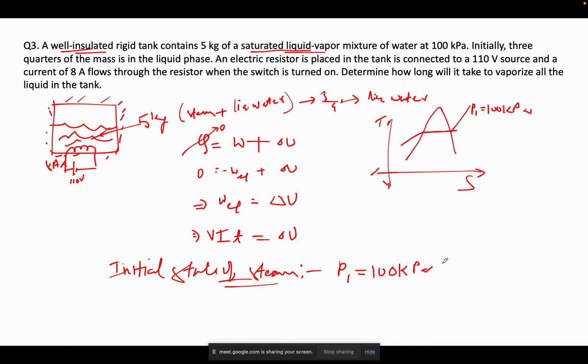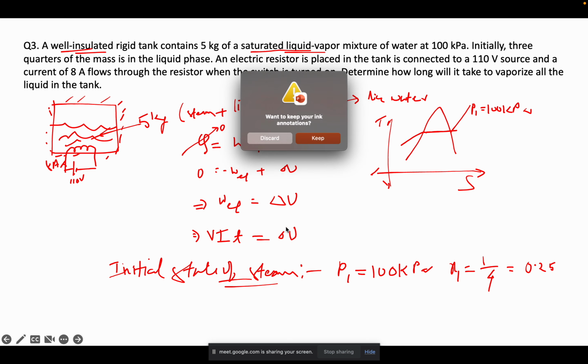And can anyone say what is X here? Your X1 is 1/4. Why? Because we know that 3/4 is liquid water, that means 1/4 is vapor, so X1 is 0.25. These are the informations which I know. Now from these informations, can I calculate my u1? Of course, I need to just go to the steam table. So I'll go to the 10 megapascal.